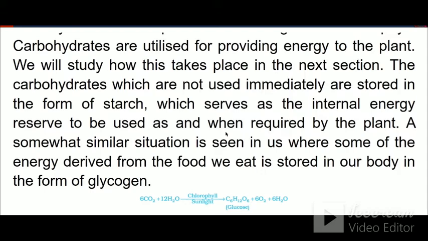So the food that we consume, directly or indirectly through plants, is none other than carbohydrate. We are actually consuming carbohydrate, and that food is again broken down into glucose.